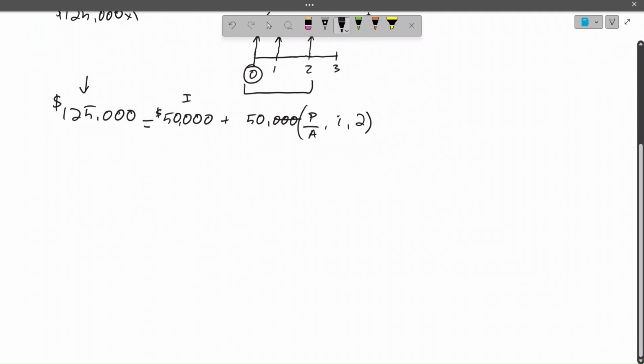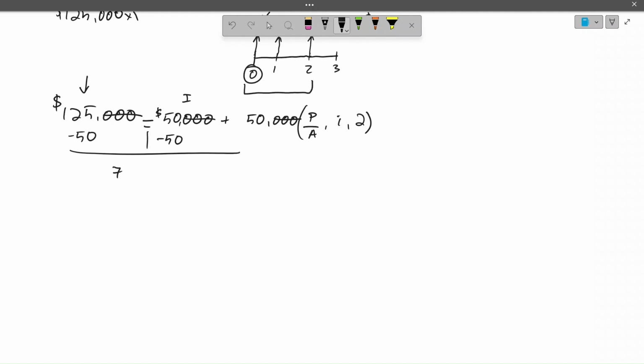In order to make it simpler, let's just get rid of the zeros. Let's just divide by 1,000. Okay, so if we subtract 50 minus 50, we're left with 75 is equal to 50 times P over A, comma I, comma 2. Okay, we divide by 50.